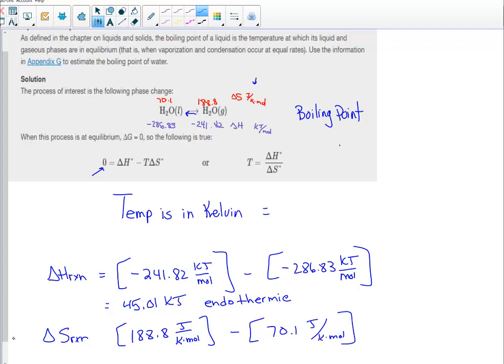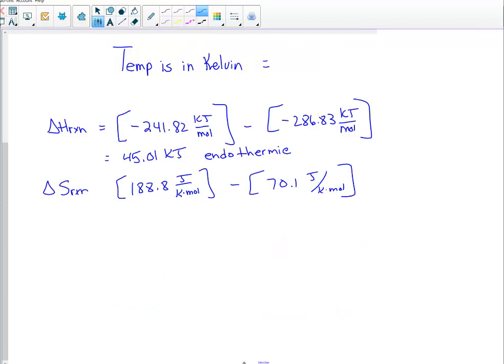I'm going to subtract like units, and we find 188.8 minus 70.1. Delta S comes out with a value of 118.7 joules per Kelvin mole, or 0.1187 kilojoules per Kelvin mole.